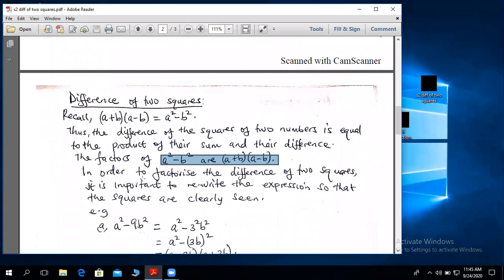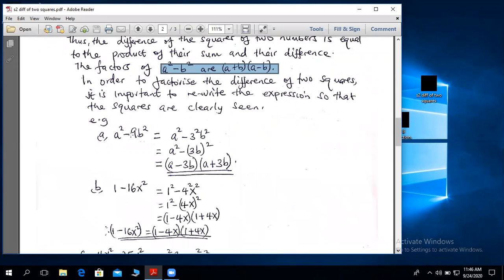So in order to factorize the difference of two squares, it is important to rewrite the expression so that the squares are clearly seen. For example, a question says factorize.